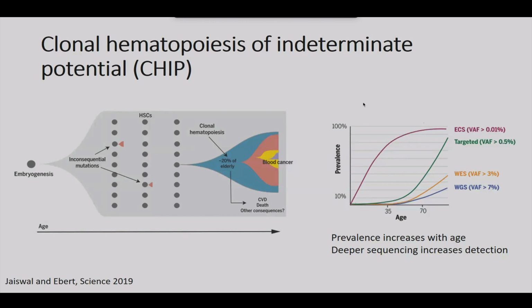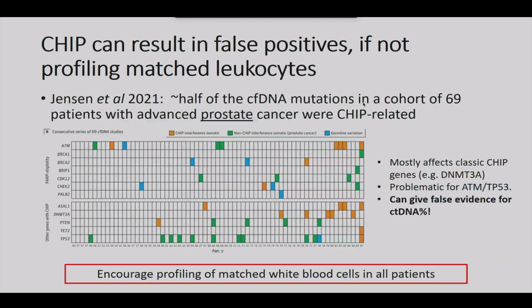Those populations contribute to cell-free DNA, so mutations in the white blood cells are present within your cell-free DNA. Sometimes these mutations fall in genes like ATM, TP53, or even BRCA2. So it's really important to recognize the difference between a mutation coming from the CHIP populations and one coming from actual ctDNA.